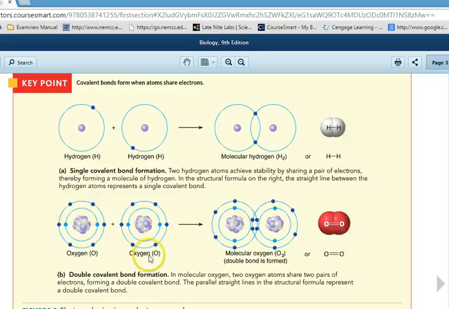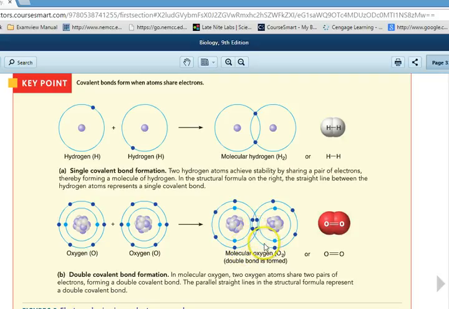So, if the other atom here is oxygen, it has the same structure. The outer shells will overlap, and they will share this pair of electrons, and that gets each atom up to 7. Still not enough, so it can share another pair of electrons, and that gets each atom up to 8 electrons in its outer shell.